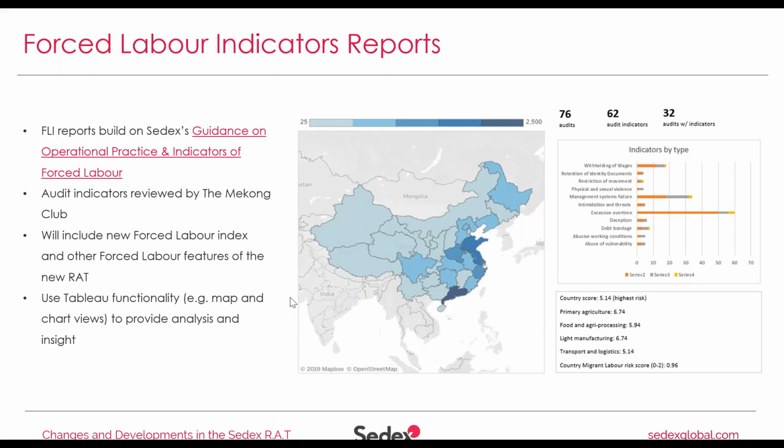So really overlaying the information collected at audit with also known risks about forced labour within a particular country, and again using some of that external data around products and commodities that might be produced with forced labour to highlight whether there might be a greater risk. And of course then using the features available within Sedex Analytics to better visualize those risks and present them back in a way that provides more insights and analysis.